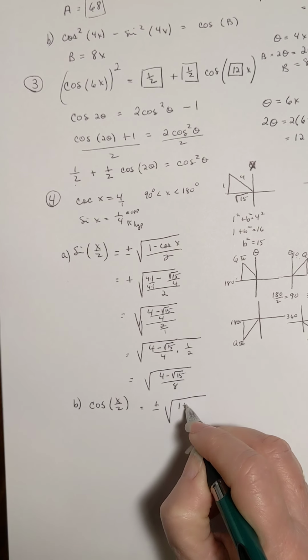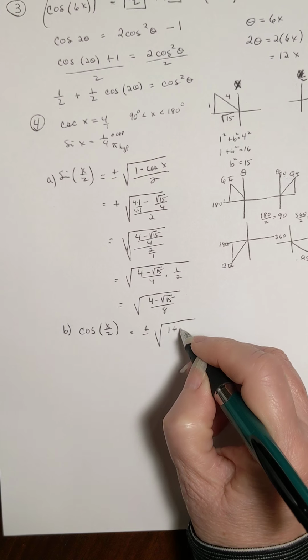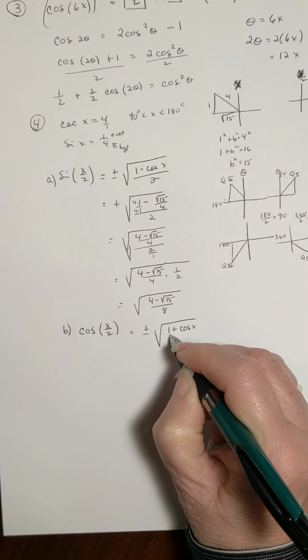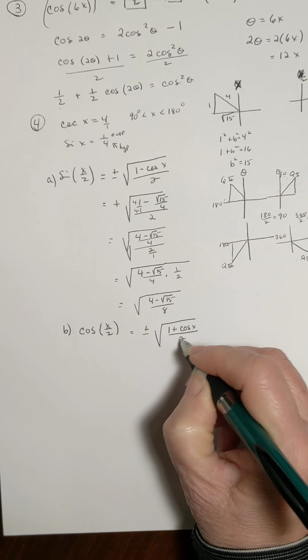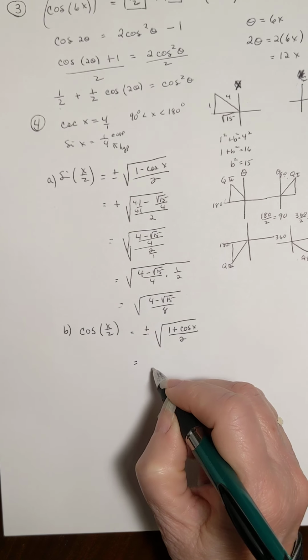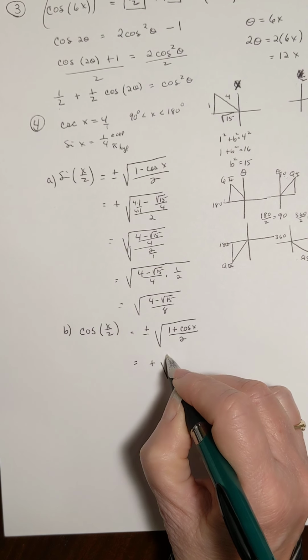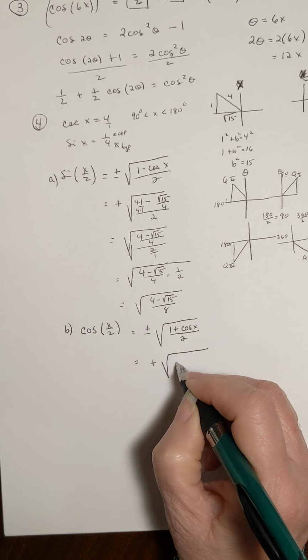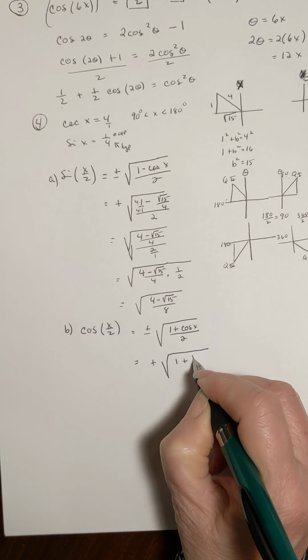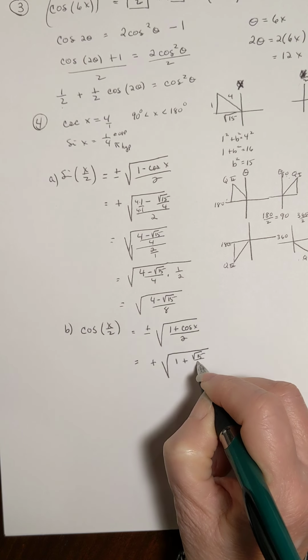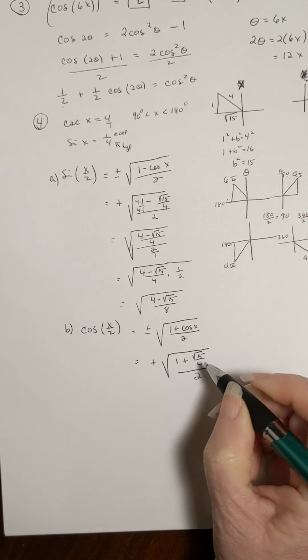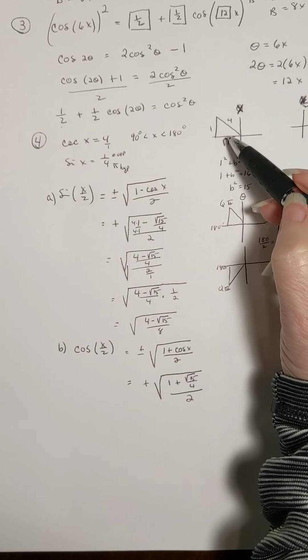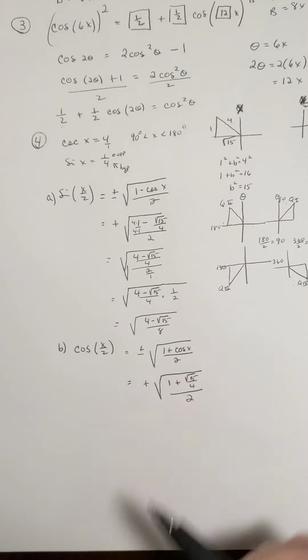So again, since I know that I'm going into the first quadrant, I know it's going to be plus. So this will be the positive, and you don't have to write the positive, of course, 1 plus the square root of 15 over 4, over 2. And again, the cosine of theta is the square root of 15 over 4.